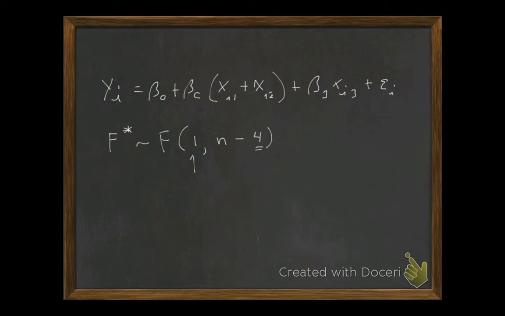The 1, the way I think of this, is we're creating an extra measure, beta c, the combined beta, so that's where that degree of freedom comes from. Guys, if we're doing this, we must use the general F-test.